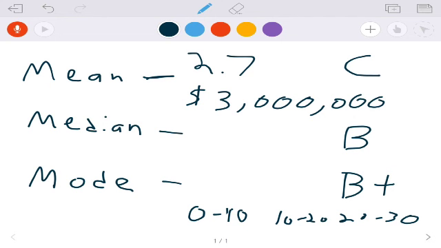So this is just to give you an example of kind of when these are the appropriate things to use, and to be aware of some of the faults of them. Mean oftentimes gives an answer that can't actually exist, and so it just kind of is a numerical representation.